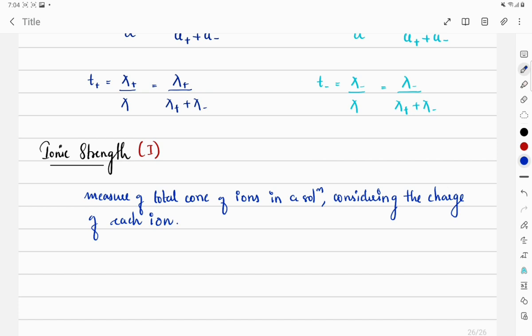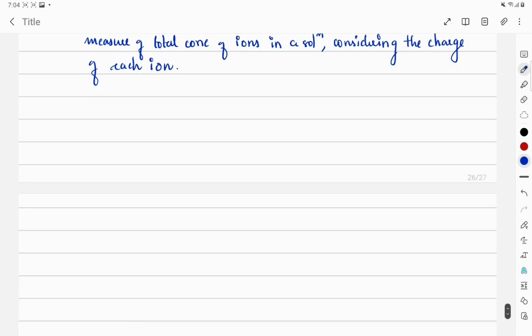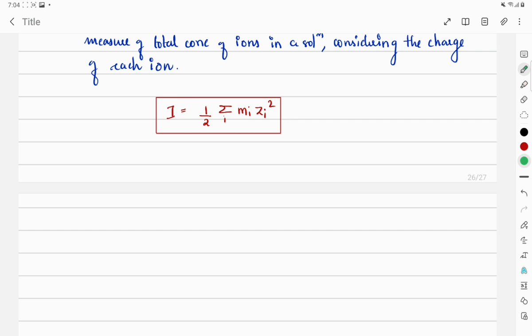So don't worry about the definition. We'll look into the equation, which is more important for us. The equation is I is equal to half of the summation over i of mi into Zi square. So this is the equation for ionic strength. Let's look into what terms are involved here. Firstly we have I, which is obviously ionic strength.